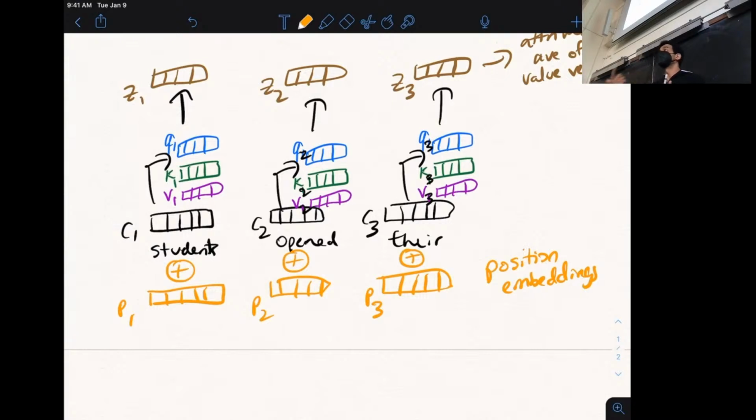You want the difference between two positions to be consistent, regardless of what the size of the sequence is. There's a whole bunch of other things that you might want. There's actually a fairly large body of research now on specifically position embeddings and what kinds of position embeddings are better than others. The easiest thing by far is just to use a learned embedding, just like you would for a word embedding.